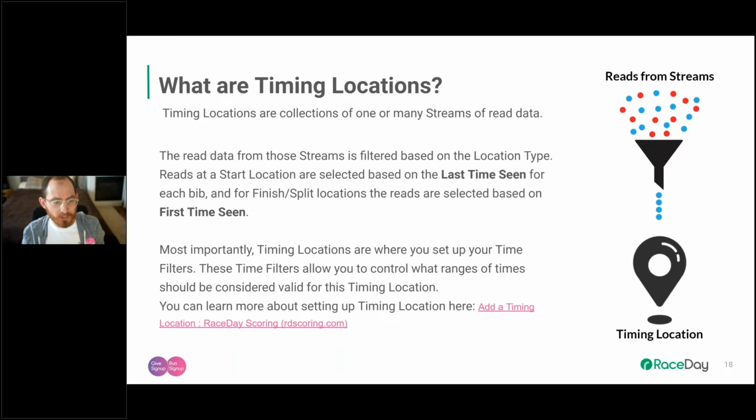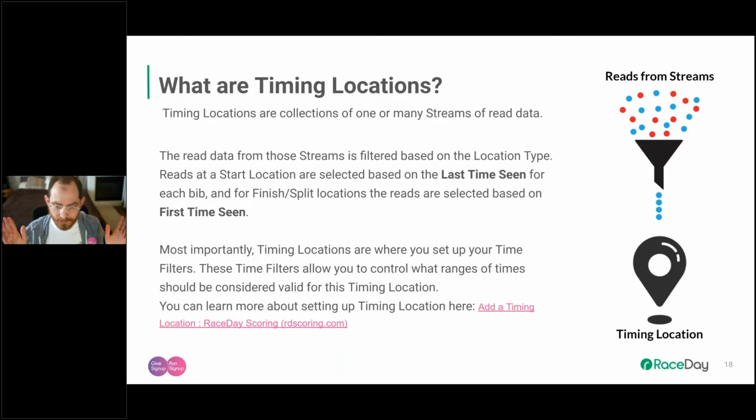Most importantly, timing locations are where you set up your time filters. These filters allow you to control what range of times should be considered valid for this timing location. You can learn more about setting this all up in the Add a Timing Location guide. Basically, there are two things that happen.